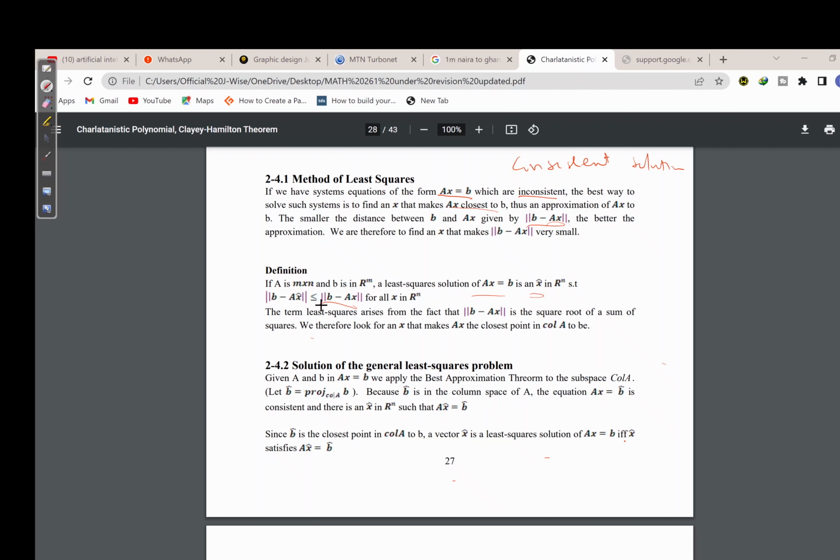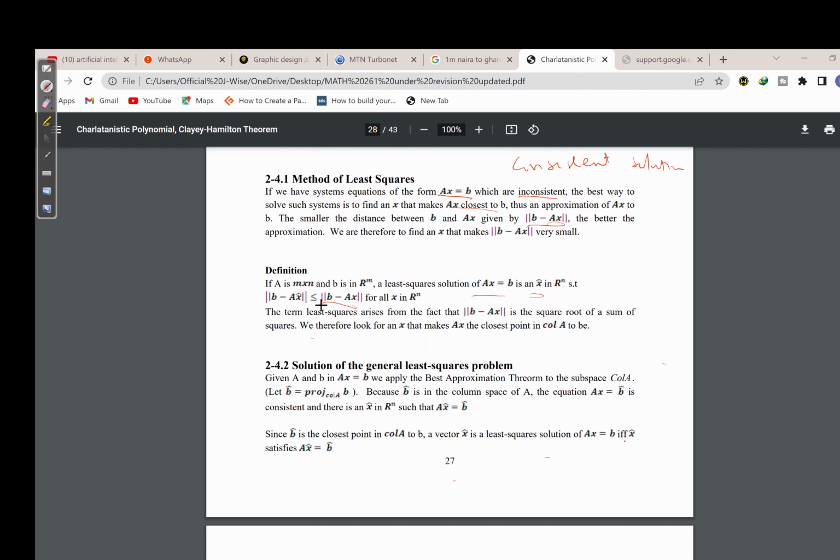Then we say that x hat is the least squares solution, that will bring b closer to Ax.